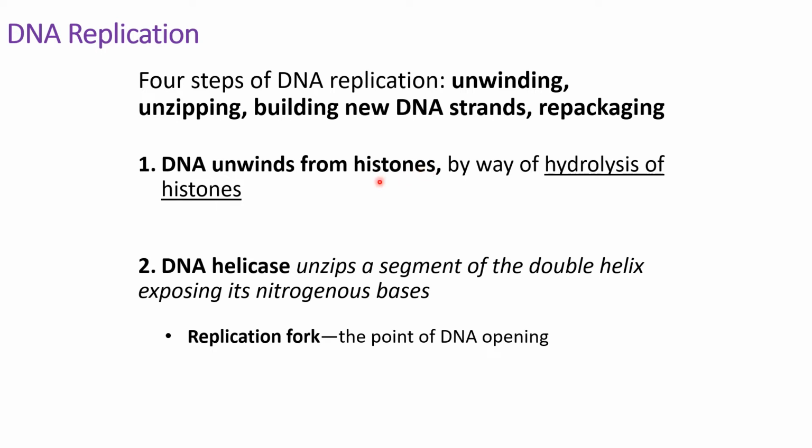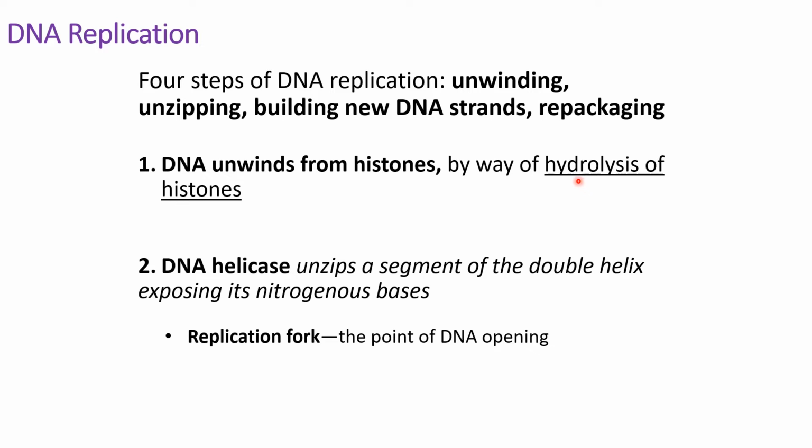So how do we do that? Well, we're going to break down the histones. If we break down the histones, then the DNA has nothing to adhere to. This is a temporary event that's really only going to happen during DNA replication, because normally we want our DNA to be bound to these histones. So when we're trying to copy the DNA, we unwind DNA from histones by a process you already know about called hydrolysis.